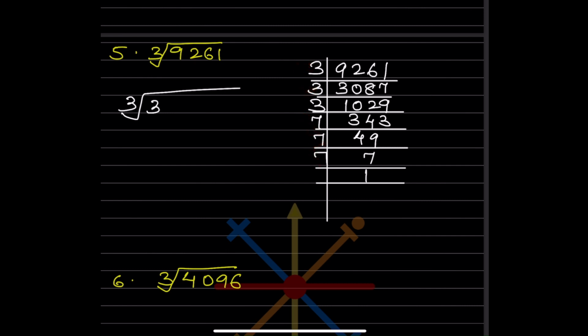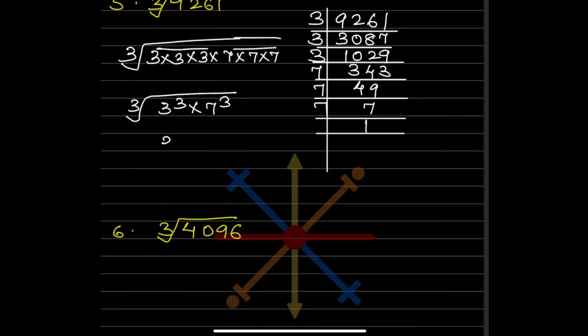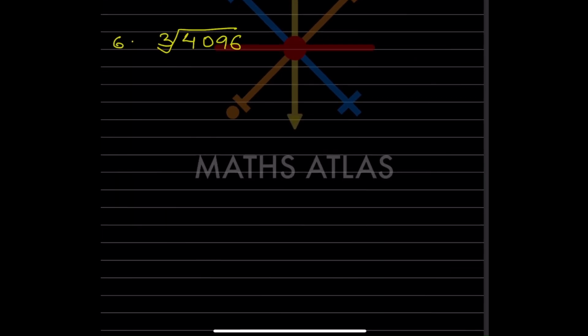So that is going to be 3 into 3 into 3 into 7 into 7 into 7. So now, this we can write as 3 cube into 7 cube. So that is going to be 3 into 7, which is 21. For this one, 4096.